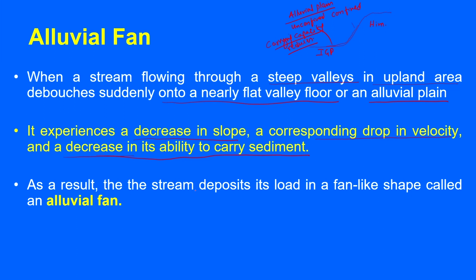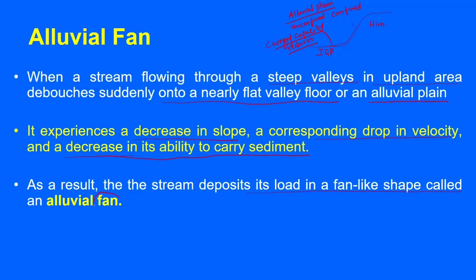As a result, the stream deposits its load in a fan-like shape, because it is getting unconfined. So, it will just deposit or unload the material, and this fan shape is the reason, because the loose material has been termed as alluvium. And we call this an alluvial fan. So, that is how this term has been given to this landform. Okay.